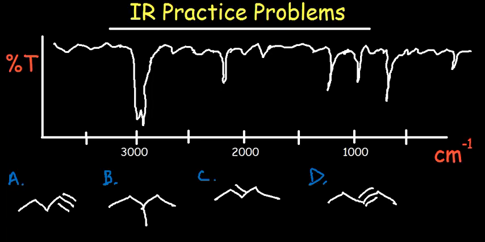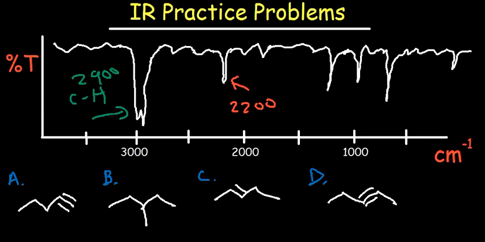So here is the alkane CH stretch around 2900. It's found in everything because we have sp3 carbons for all of our solutions, so that won't help us. But notice that we have a signal around 2200, and it's weak to medium and very sharp.